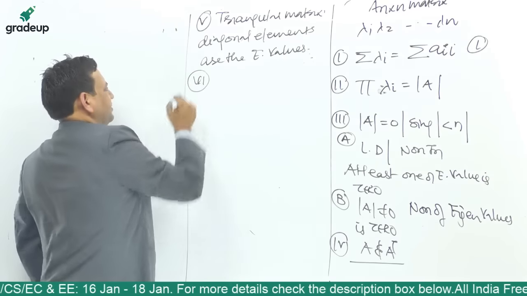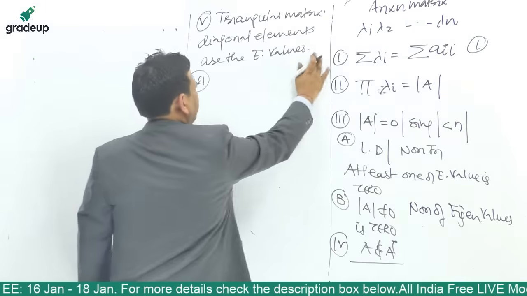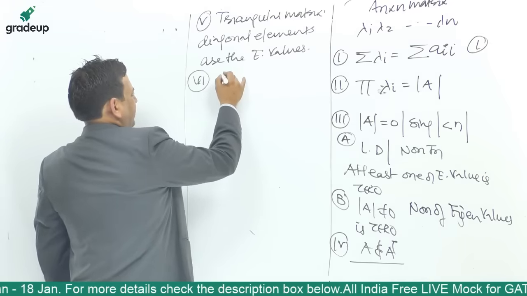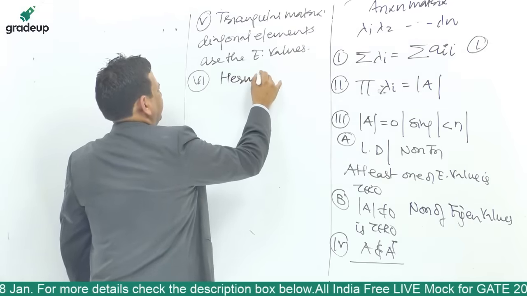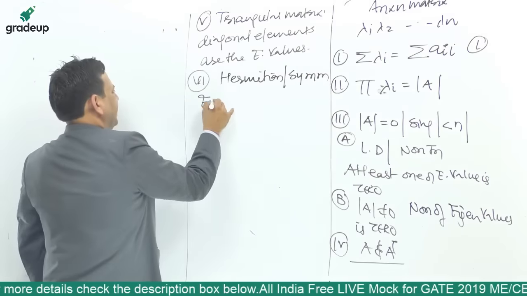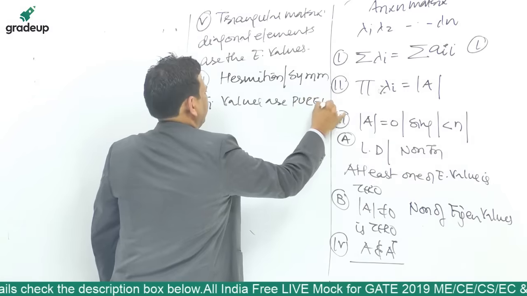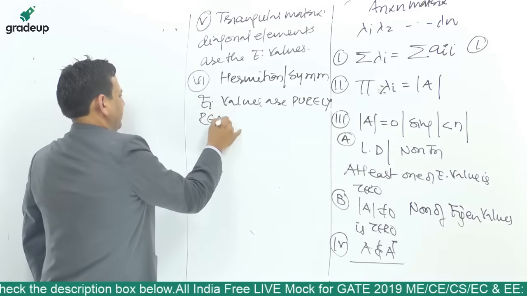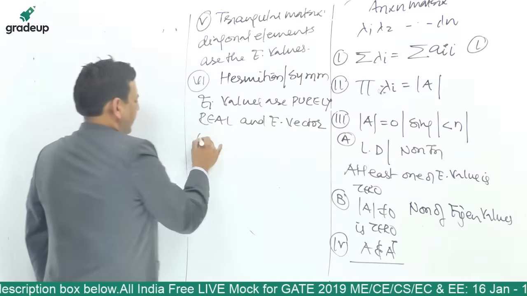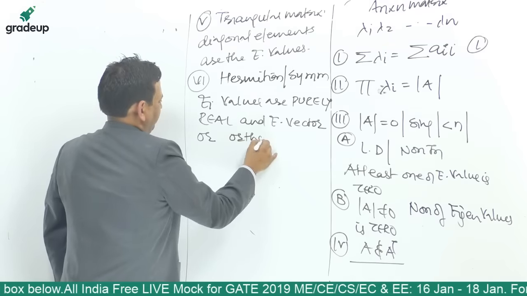Now the sixth one: for a Hermitian or symmetric matrix, eigenvalues are purely real and eigenvectors are orthogonal.